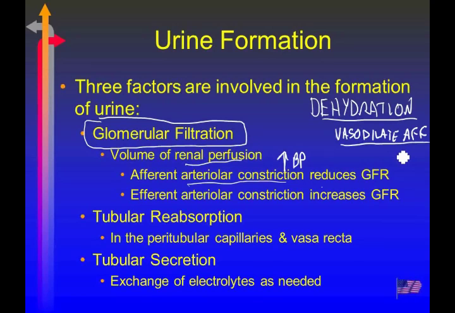No. It lowers the pressure. So it keeps fluid in the vascular space rather than letting it pass out through urine. Does that make sense? As it vasodilates, there's not a big pressure difference between what's in the vascular space and what's in the Bowman's capsule. So if there's not a big difference, not a lot of fluid is going to leak out of the vascular space. It's then going to pass back into the efferent arteriole and back into the system. So in other words, I'm retaining water because I'm dehydrated.